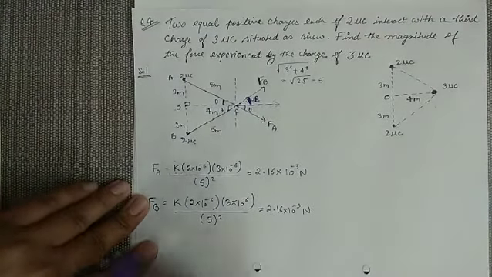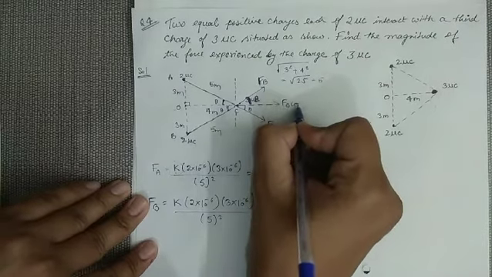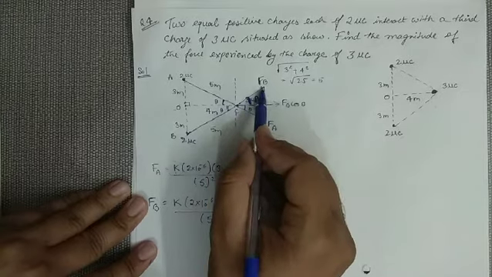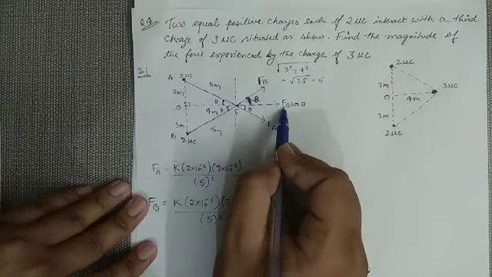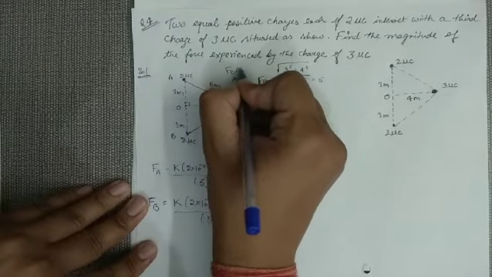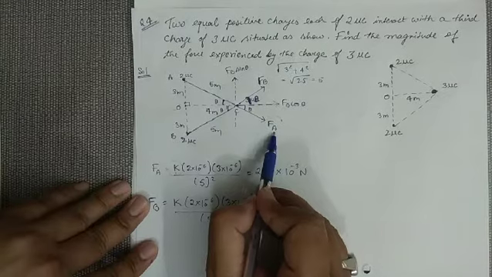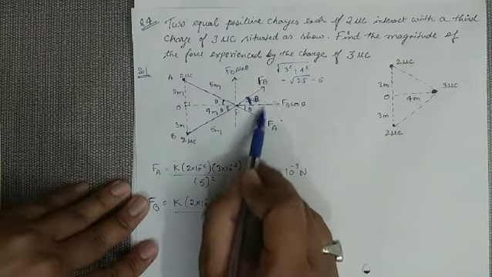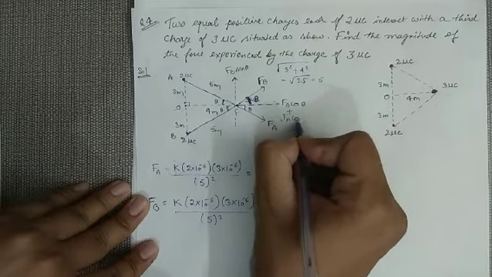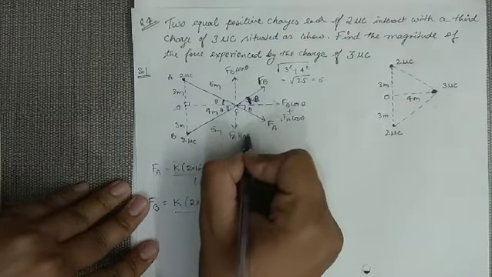Now see, on resolving, it will become FB cos theta, because from this side it is making an angle theta. So the components of FB will be FB cos theta and FB sin theta. Similarly, taking the components of FA, which is making an angle with this side, one component is FA cos theta and the other is FA sin theta.